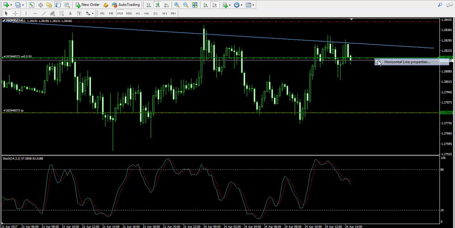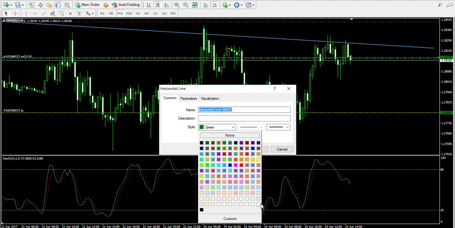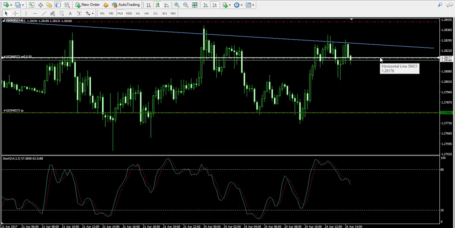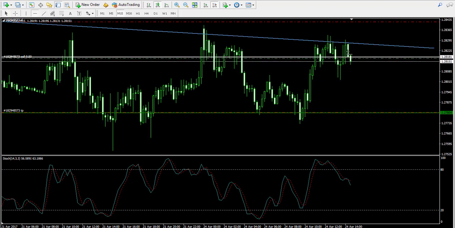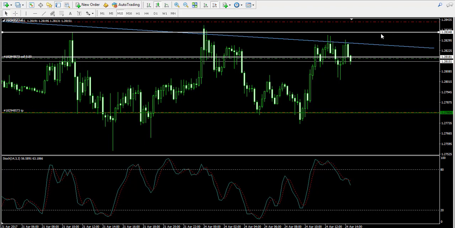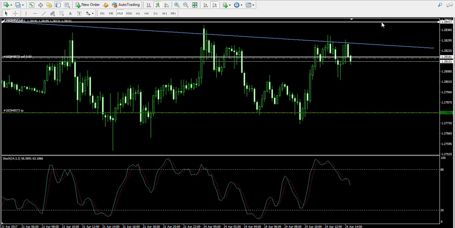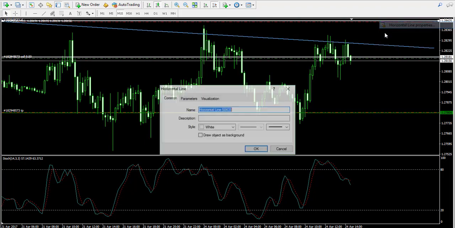My entry point I'm going to mark with white, at 1.2818 for example, and my stop loss order I'm going to mark with red as I usually do, at 1.2842.